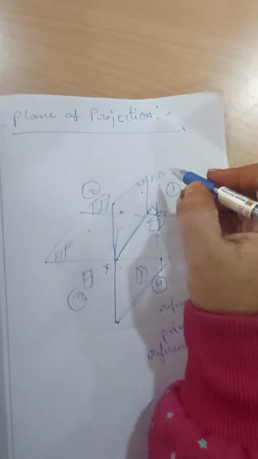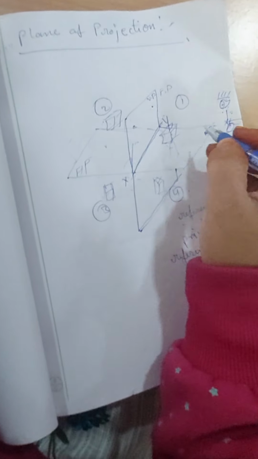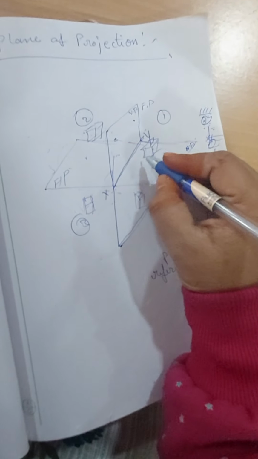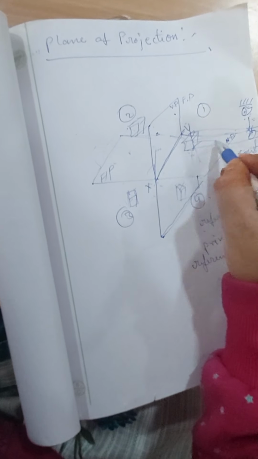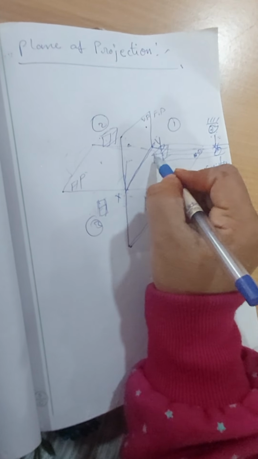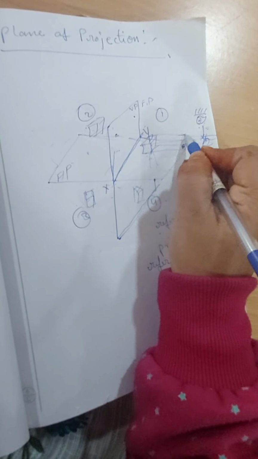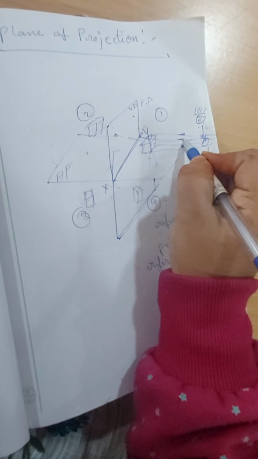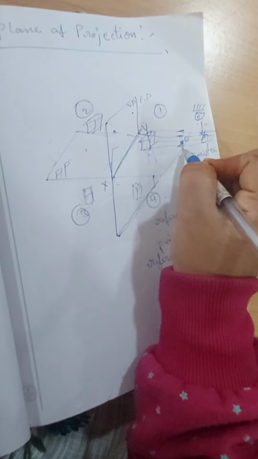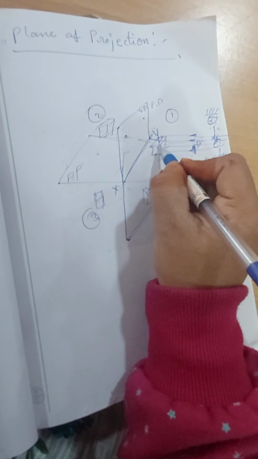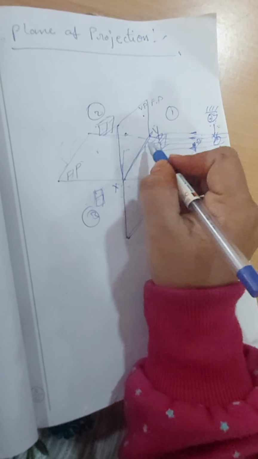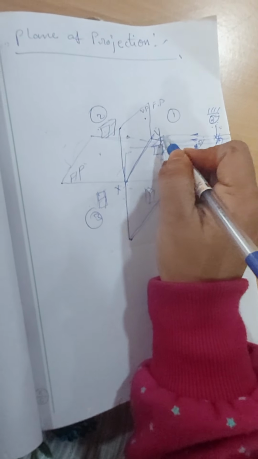Next, after projecting, see how to draw the projections. See, for example, if the observer is observing the object from this position, the rays of visual vision pass from the observer to the object and project the points of the object onto the plane of projection.